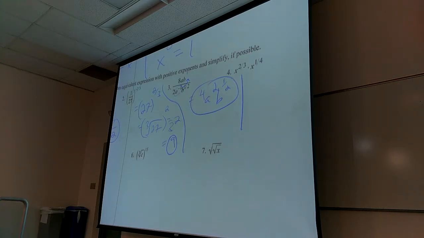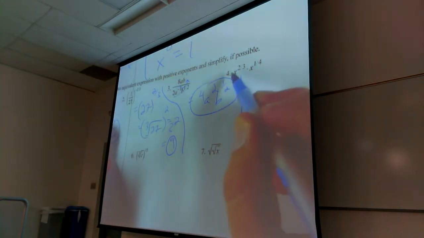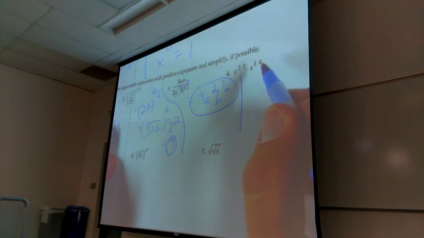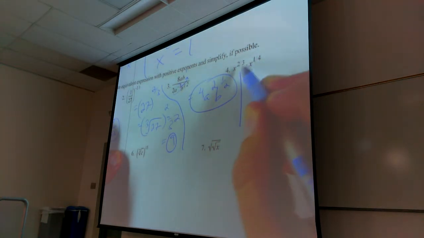If any of you say x to the 3/7, you have to purge that. Get it out of your system. Stop it. Right? What do I do with those powers? I add them. The only way I can add them is if they have like denominators. So what is the LCD going to be? 12.